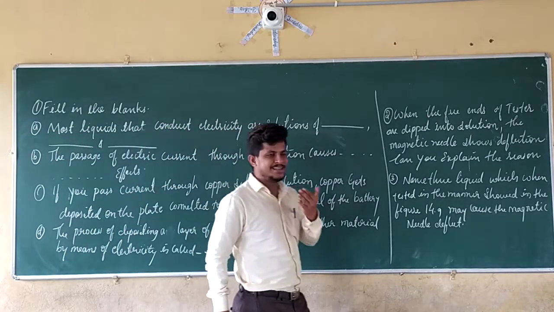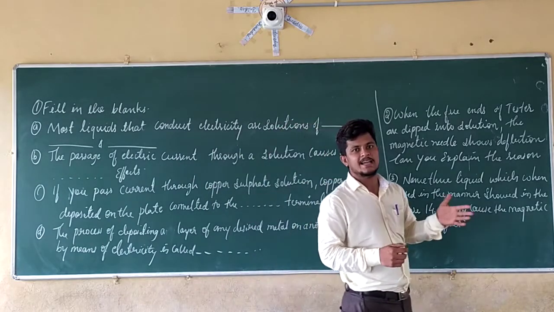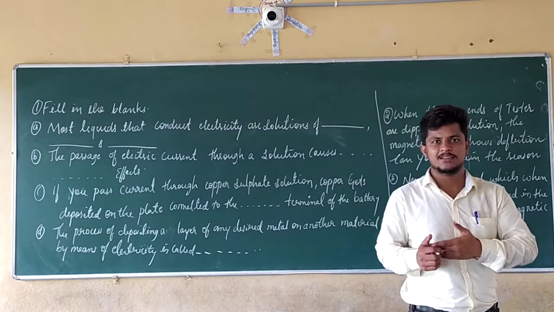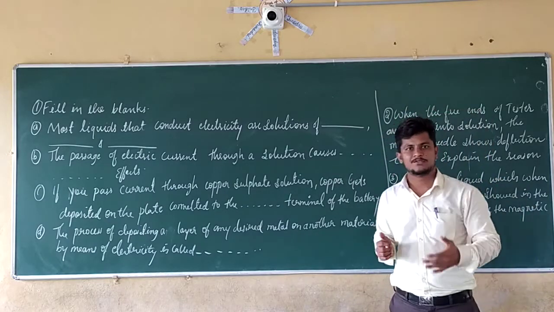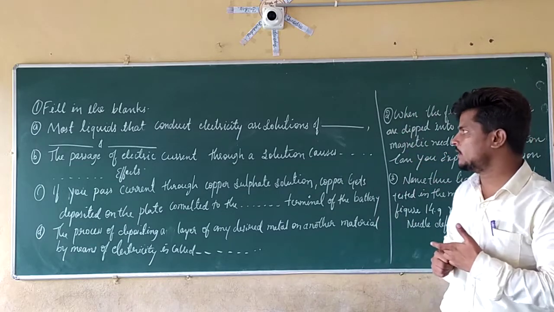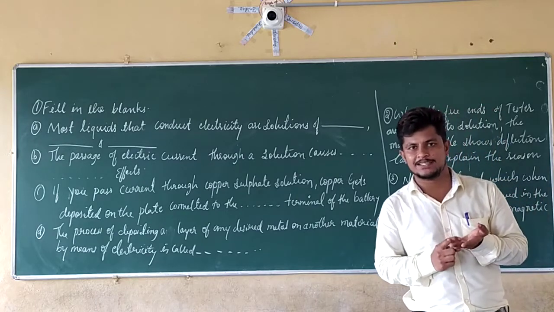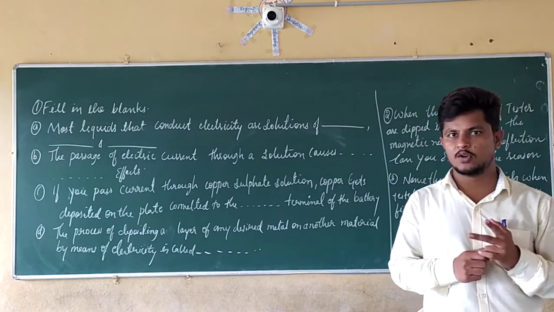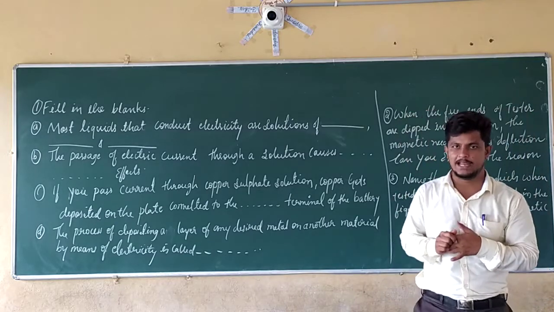If you remember, while discussing the conduction of electricity by using a tester, we discussed 3 types of solutions. First one is acidic solution, second one is basic solution, third one is salt solution. So acidic solution is a good conductor of electricity, basic solution is also a good conductor of electricity, and salt solution is also a good conductor of electricity.